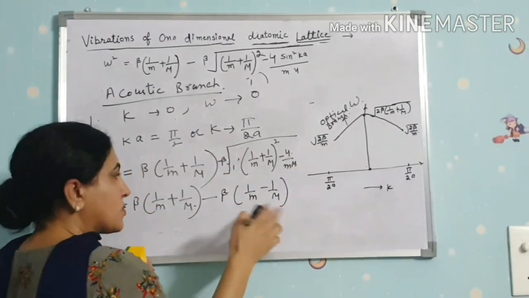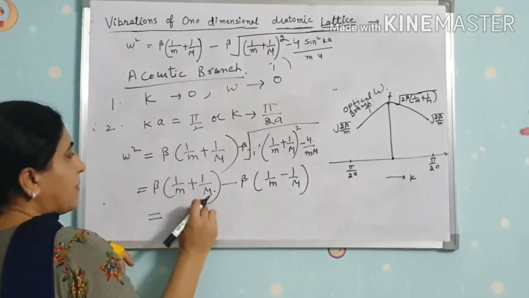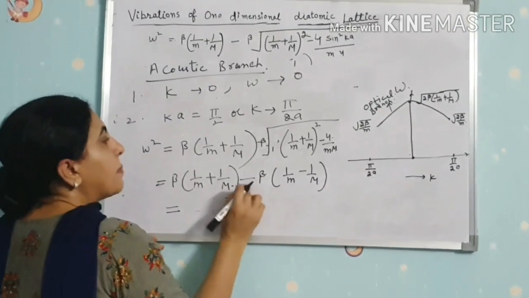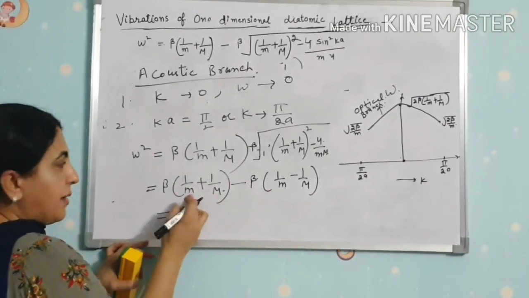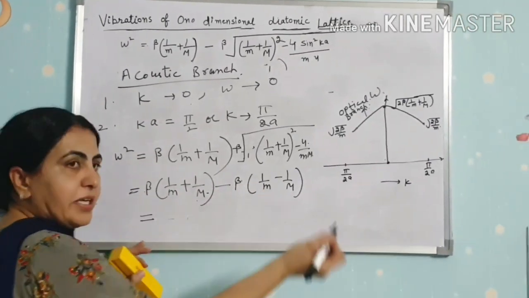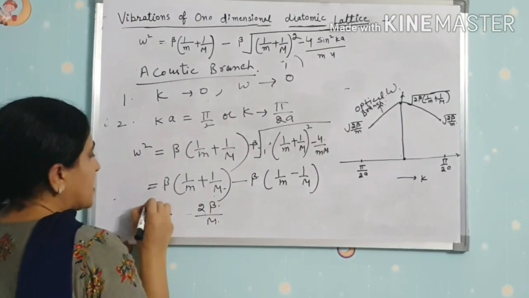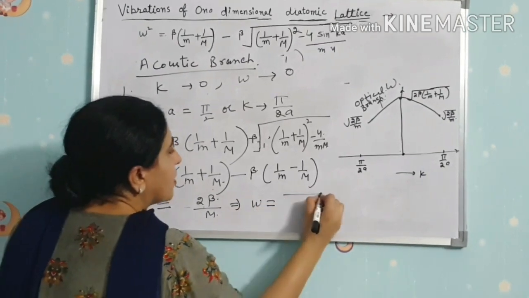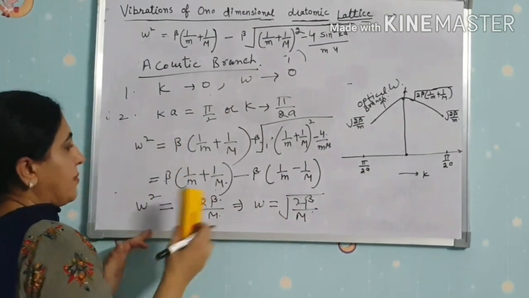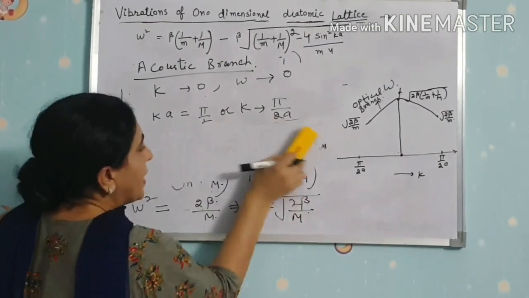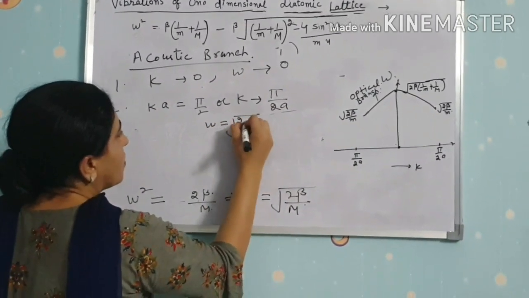So beta over m plus beta over capital M minus beta over small m plus beta over capital M. The beta over small m terms cancel. So you get beta over capital M plus beta over capital M, that is equal to 2 beta over capital M. This is omega square, so omega is equal to under root 2 beta over capital M. This is the value when k is pi by 2a.